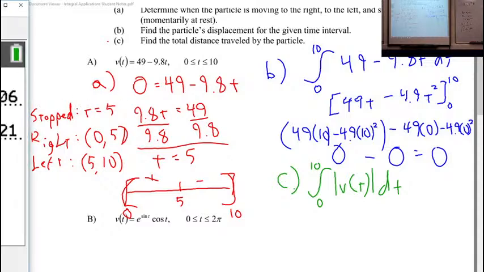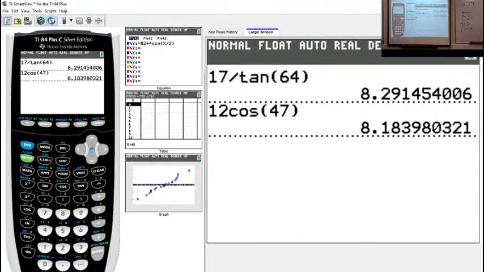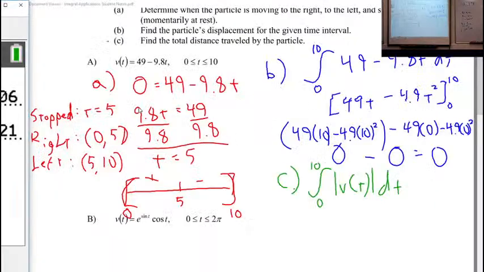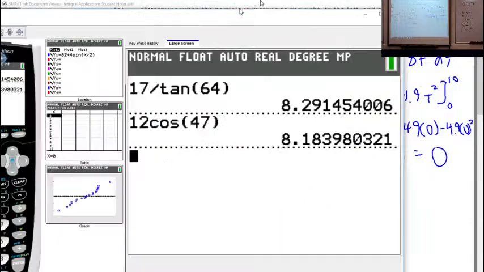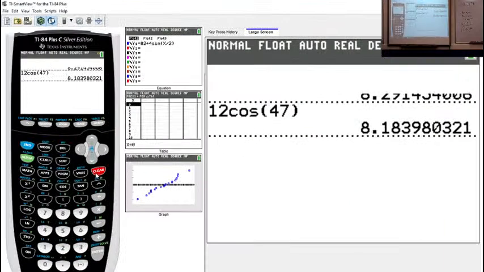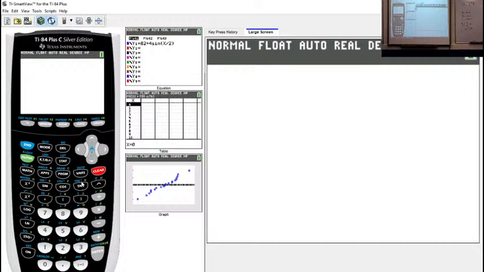So here it comes. There we go. All right.